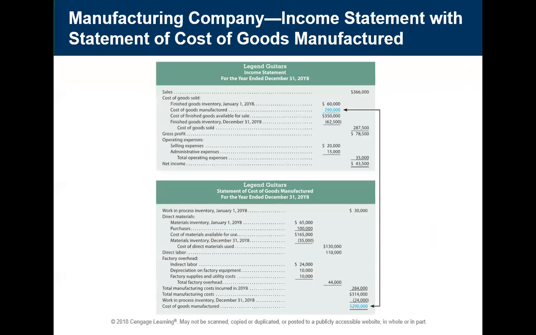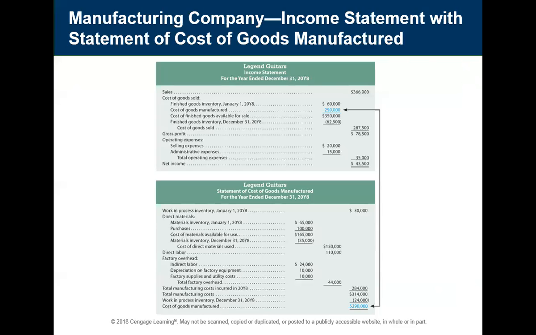And this just shows us how this statement flows into our income statement. To give you a heads up, this is our end goal for this chapter: to prepare an income statement. I know it's hard to read, but we have sales minus cost of goods sold. Cost of goods sold is balancing the finished goods inventory, which was the last inventory account that we haven't balanced yet. Notice we have cost of goods manufactured on here.